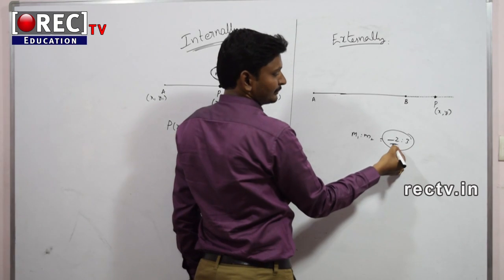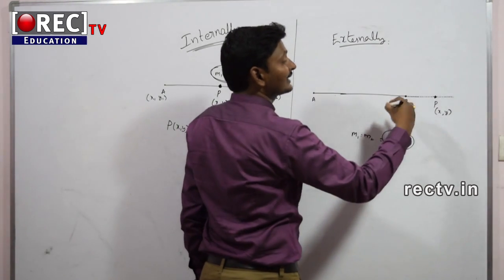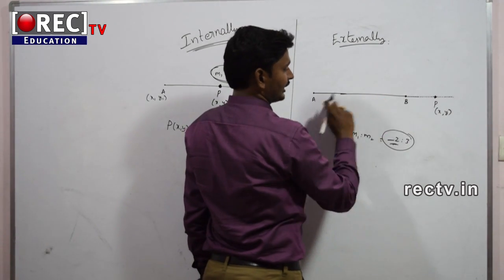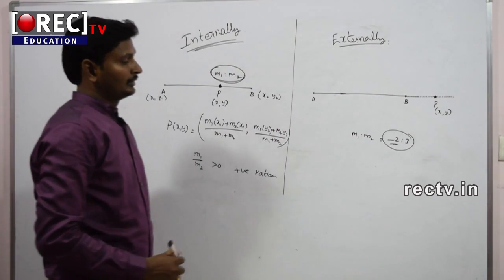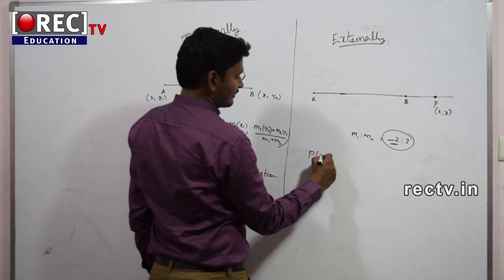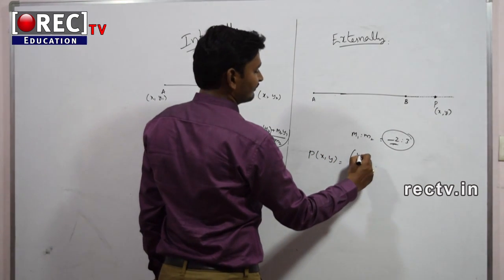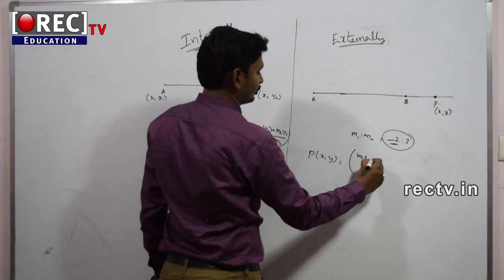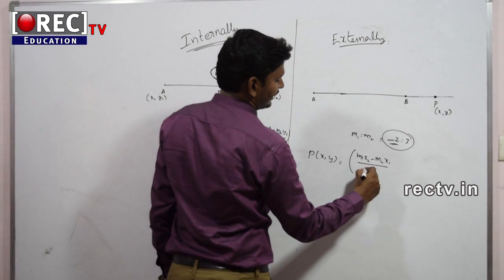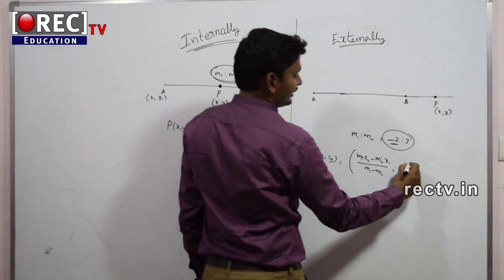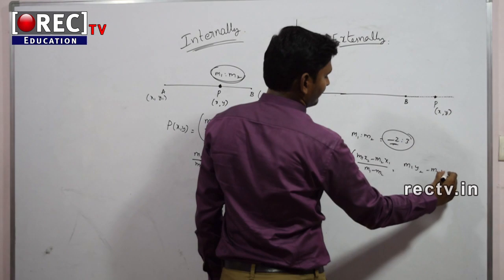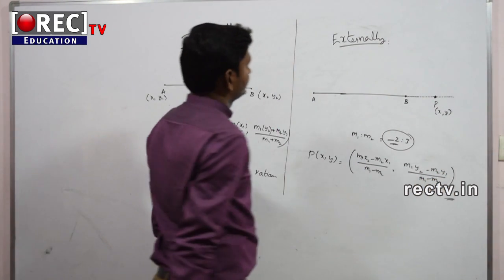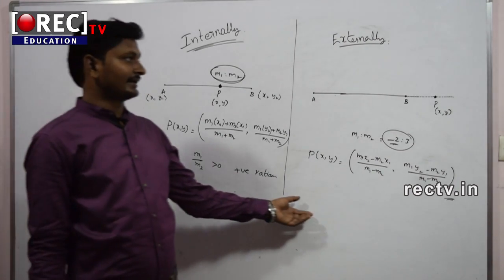The negative symbol represents that the point P lies outside of the points A and B, on the extended line of A and B. So here the formula is P(x, y) equal to, in place of m1, just a minus sign comes in, that is (m1 x2 minus m2 x1) divided by (m1 minus m2), comma (m1 y2 minus m2 y1) divided by (m1 minus m2). So the first case is internal division and the second case is external division.